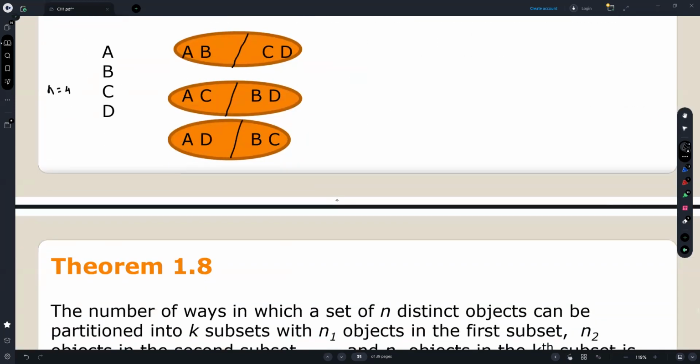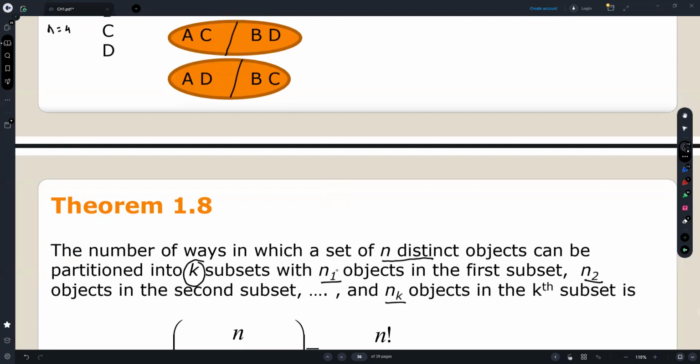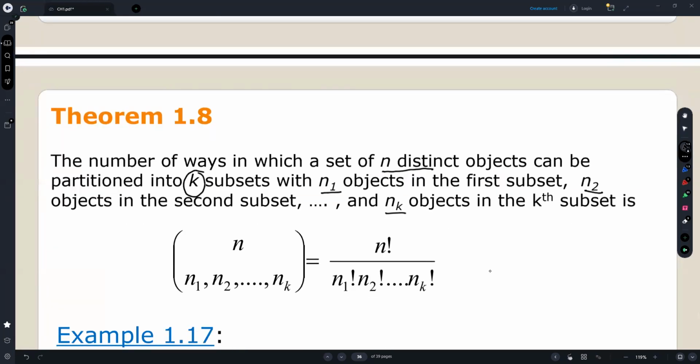So how do you find that? Here's the theorem. The number of ways in which a set of n distinct objects can be partitioned into k subsets, with n1 objects in the first subset, n2 in the second, and likewise nk in the kth subset, is n factorial divided by n1 factorial, n2 factorial, all the way up to nk factorial. And n1 plus n2 up to nk should add up to the total n.